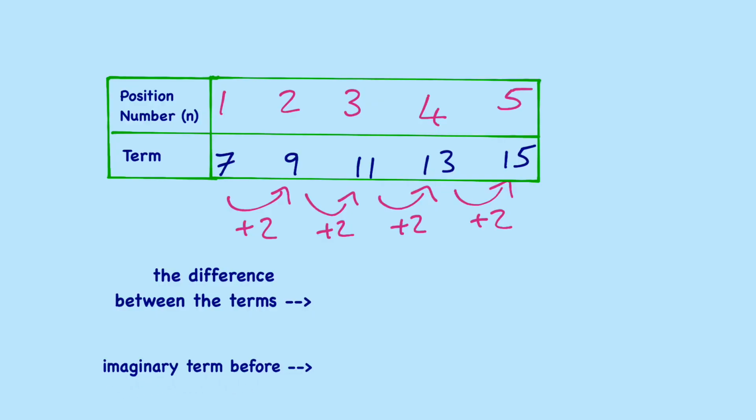What that means is if there was a term before the first term in position number 1, as you can see the difference is 2, it would be 5. Now with these two numbers, your 2 and your 5, you're going to multiply by the difference, which is 2, and add the imaginary term, which is 5.